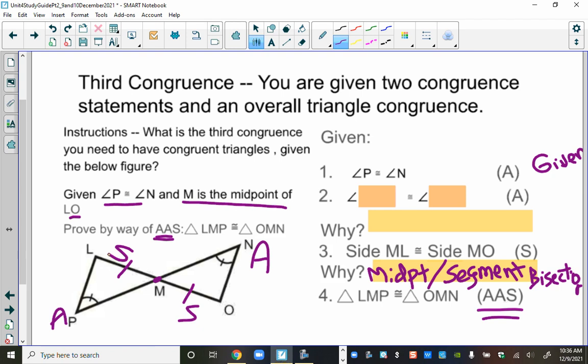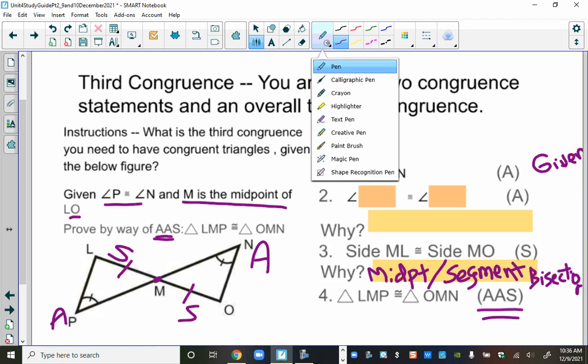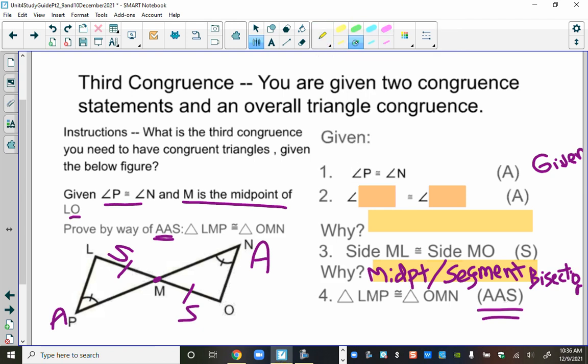Now, one other thing we know is going to be right here. What do we know about those two angles right there? What do we know about the relationship between this angle, PNL, and NMO?